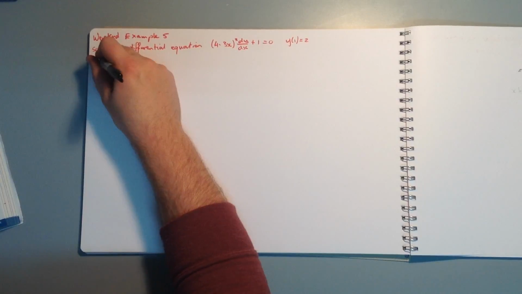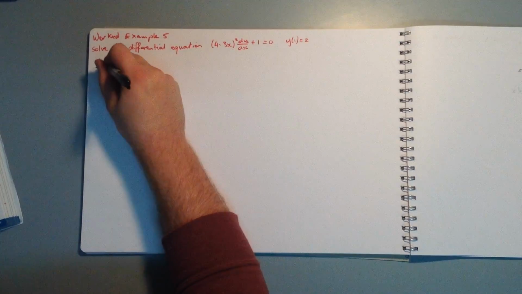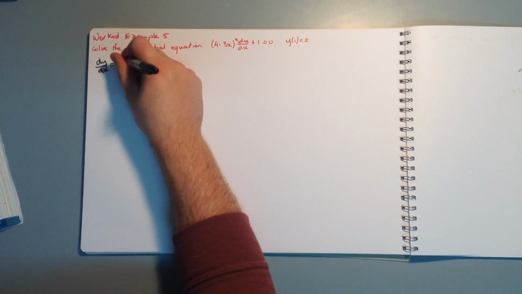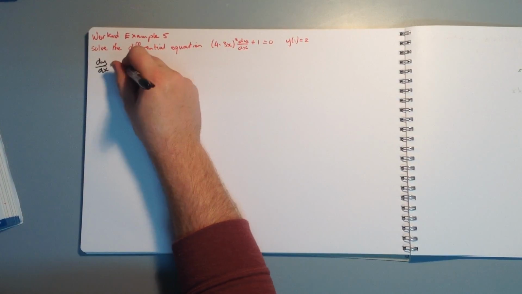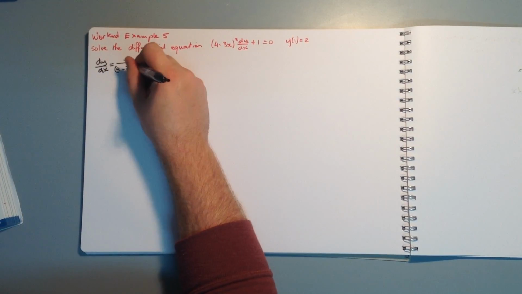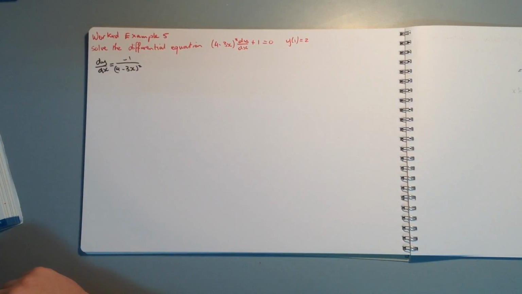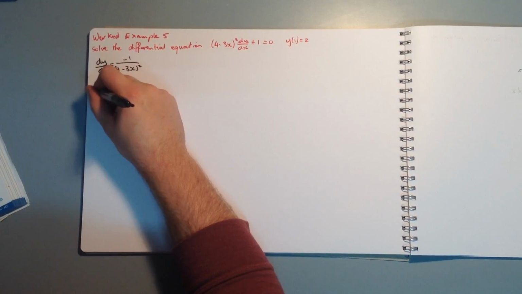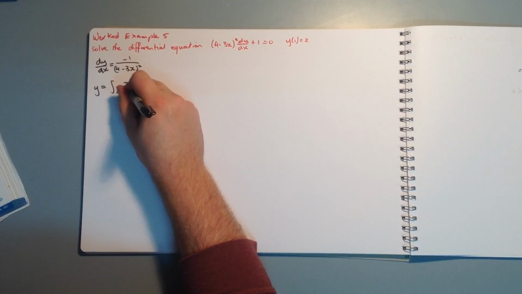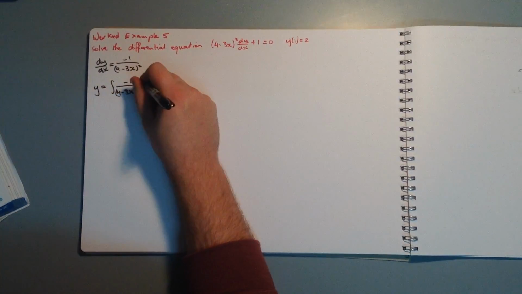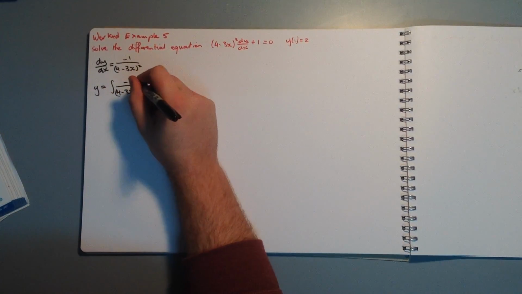So our dy/dx is equal to minus 1 over (4 minus 3x) squared. That means if we want to find y, y is the integral of minus 1 over (4 minus 3x) squared dx.